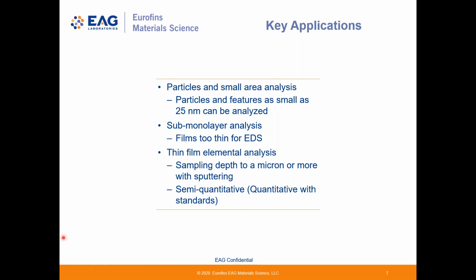In this way, we can also provide compositions versus depth, much like a depth profile, but this time using an Auger line scan across the features of interest. The Auger line scan is a plot of concentration versus distance across an image.